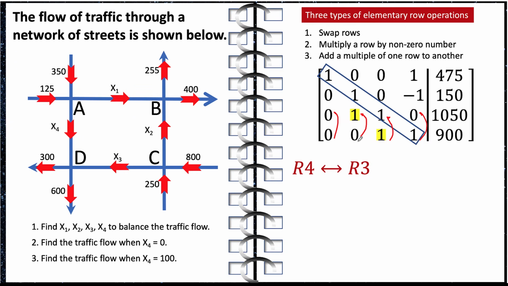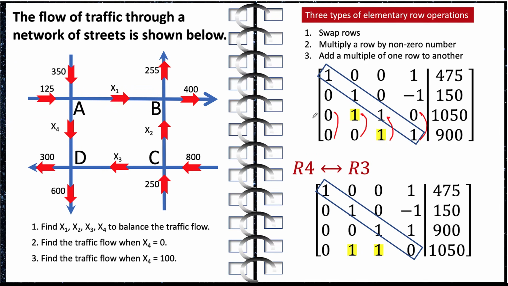So let's do the swapping. Notice now that row number 3 becomes row number 4, and row number 4 becomes row number 3. We swap the 2 rows. And notice now that we have 0, 0, 1, 1. So there are 2 more ones here that we would like to make zeros.